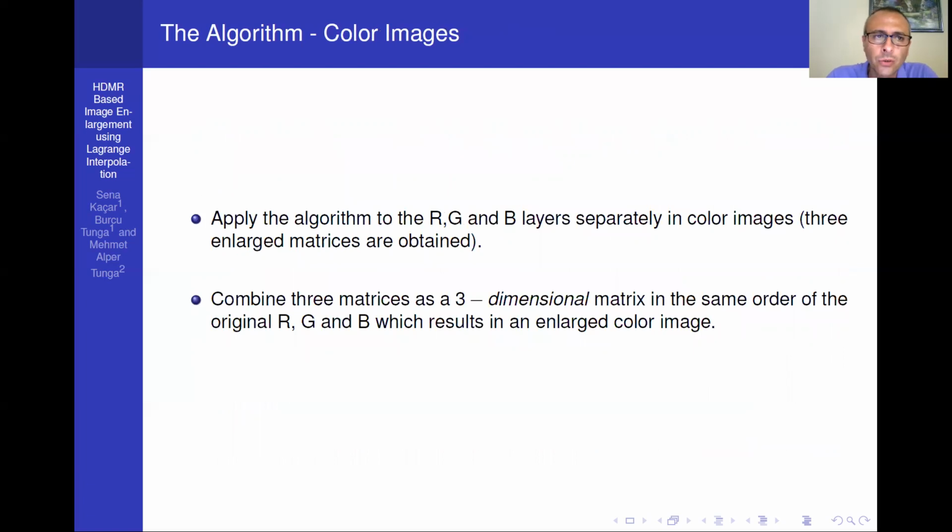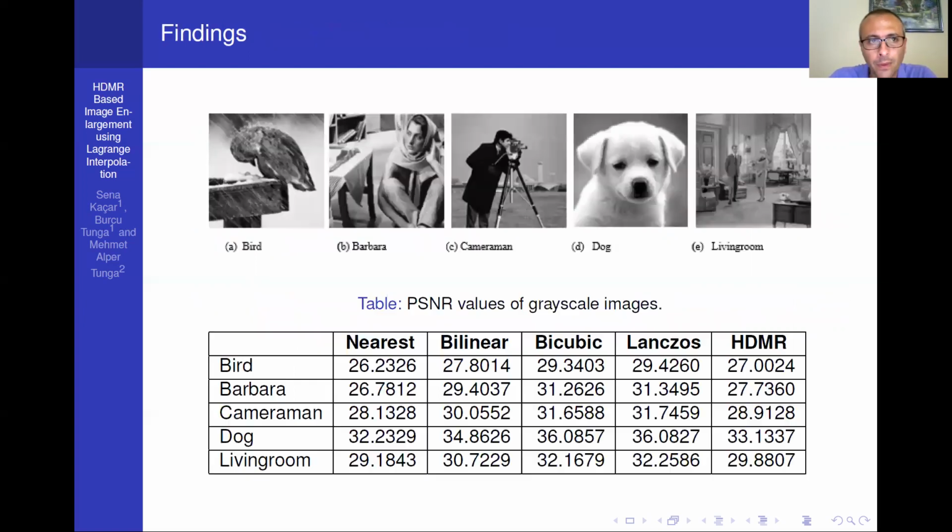And to apply the algorithm to color images, we apply all these steps to the red, green, and blue layers separately. After that, we combine all these three matrices as a three-dimensional matrix in the same order as the original red, green, blue layers. So it's the same, but we apply the algorithm 3 times because we have a color image with red, green, and blue layers.